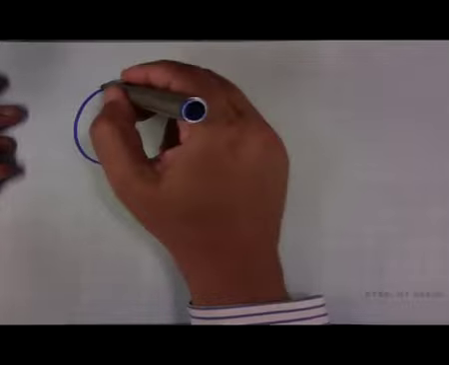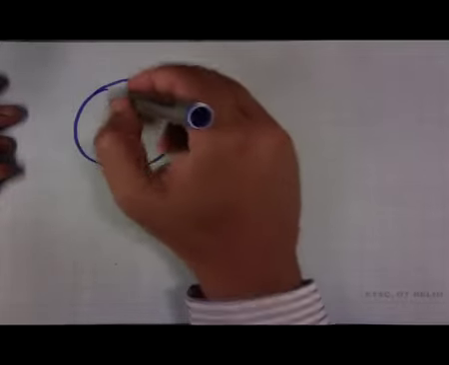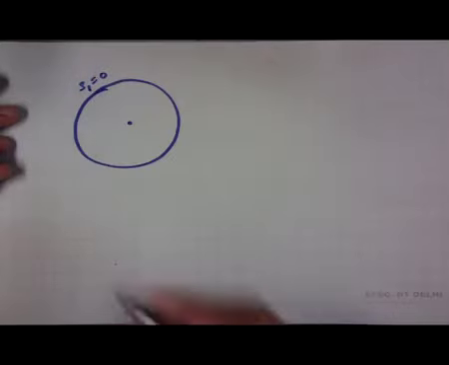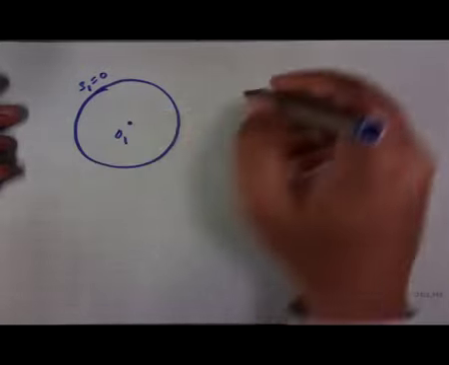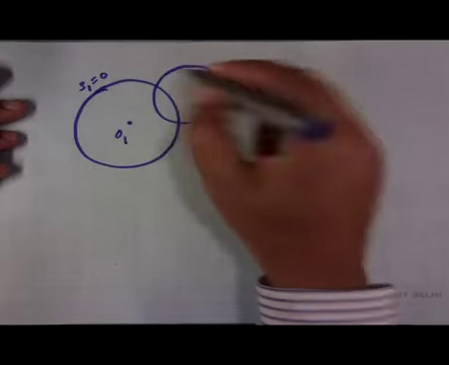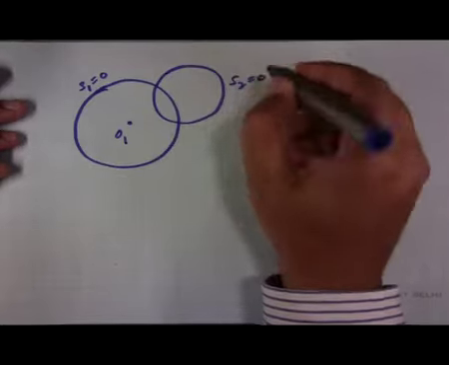Let us say that these are the two circles. This is the first circle given by S1 equal to 0 having center O1, and this is the other circle S2 equal to 0.